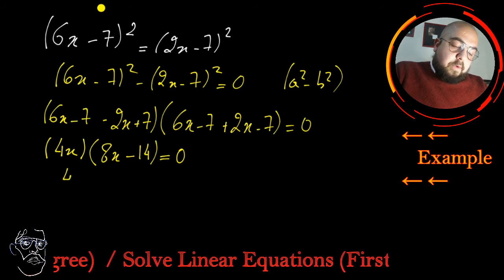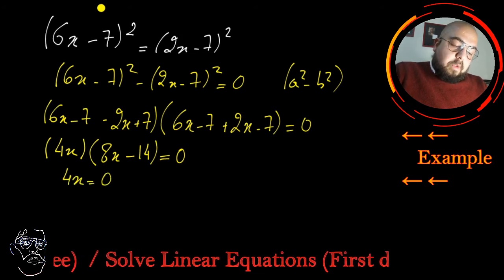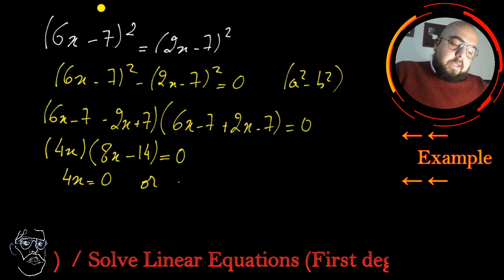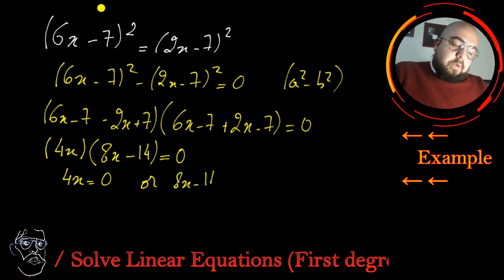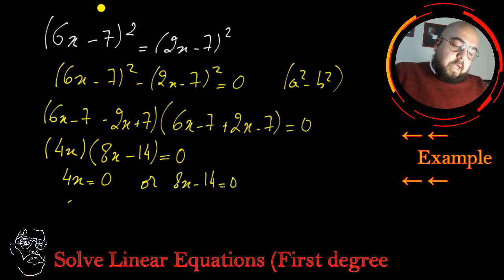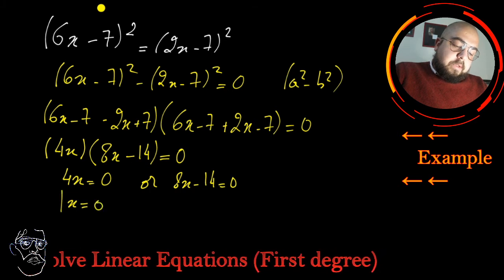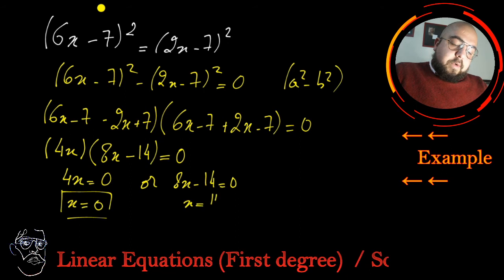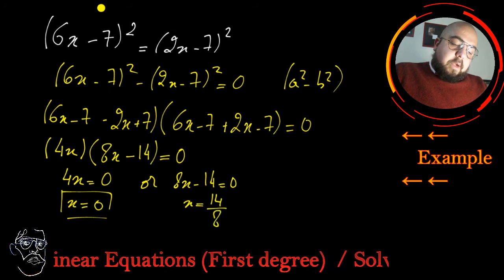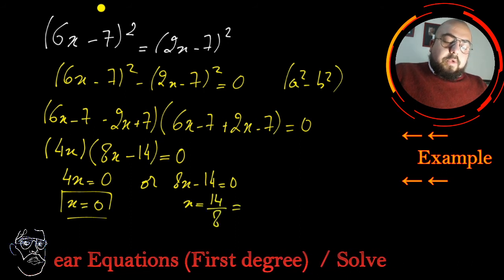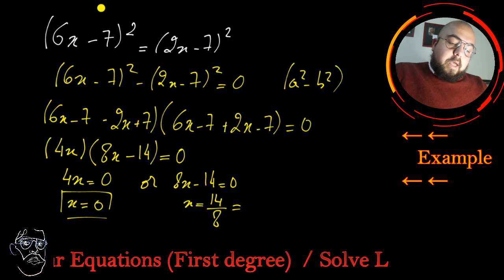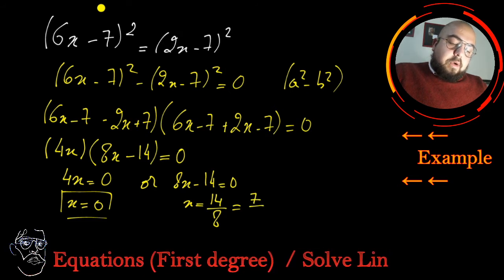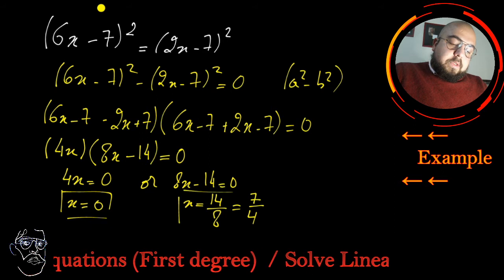So 4x = 0, or 8x − 14 = 0. You will have x = 0. This is the first root. Or x = 14/8. You can simplify by reducing by 2. You will have 7/4. So this is the second root.